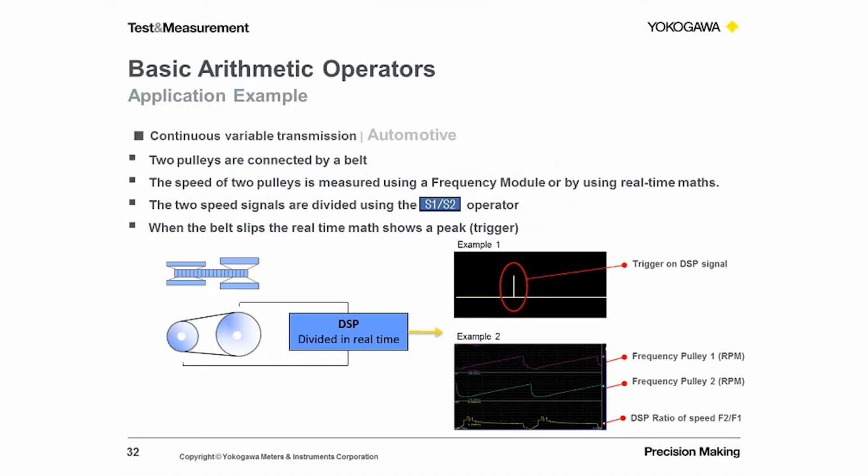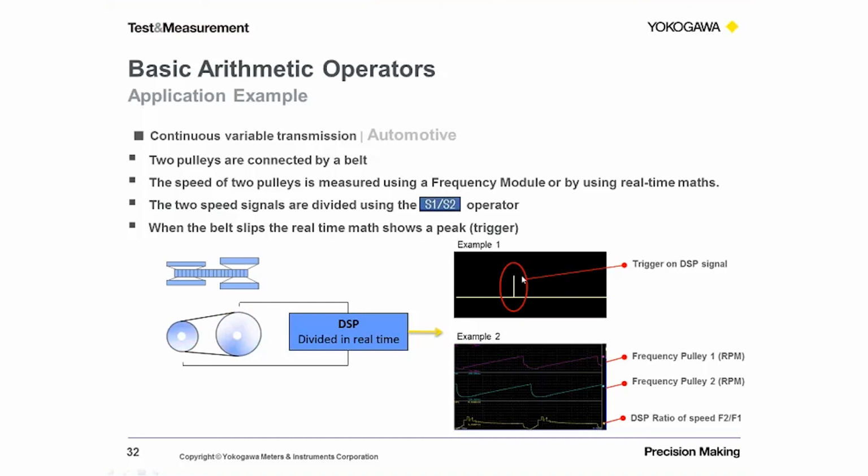If one of these belts slips, of course, then as you can see on the lower picture down here, there will be a shift, and the net result of that will be a pulse which you can trigger on. So we can now trigger on the different signal and just acquire data during that period. So that's just quite a simple example, but it's a practical one.